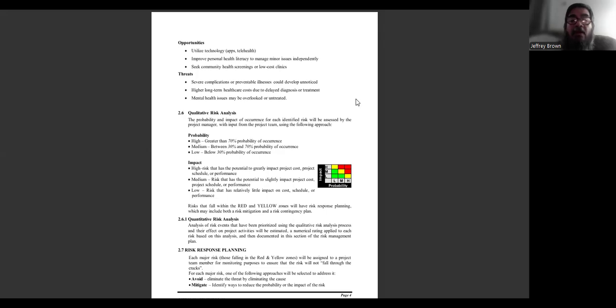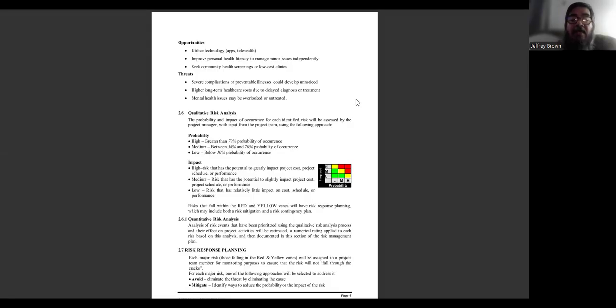Opportunities are utilizing technology like apps and telehealth, improve personal health literacy to manage minor issues independently, and then seek community health screenings or low cost clinics.